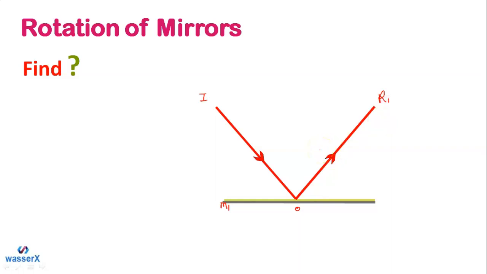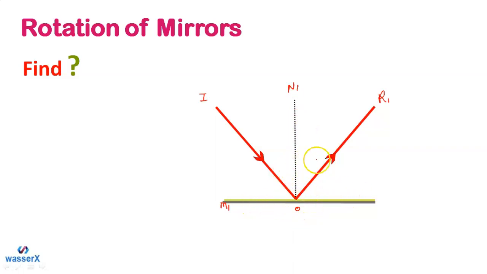There must be a normal, as you know, and this normal is always perpendicular to the plane of the mirror. So this is N1, the first normal, perpendicular to the mirror.